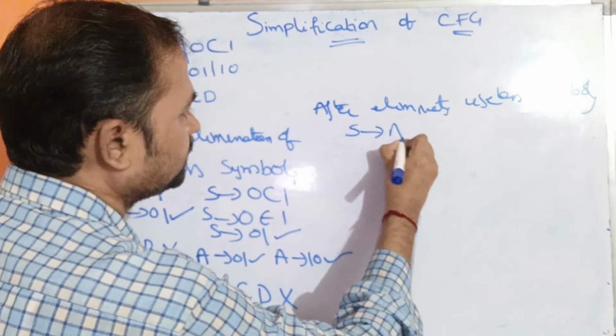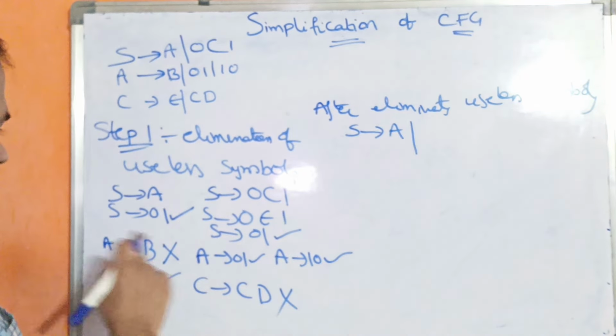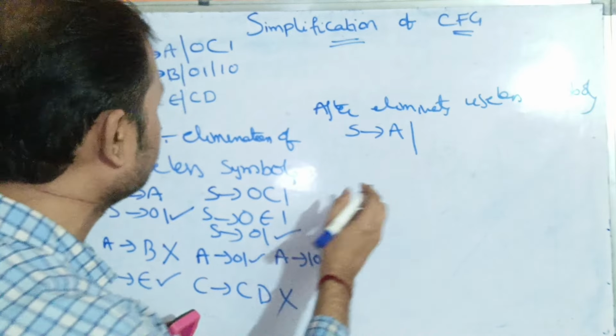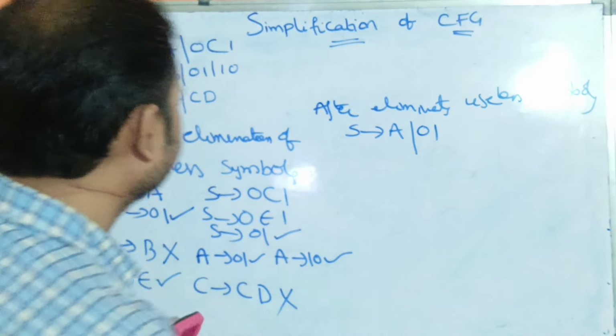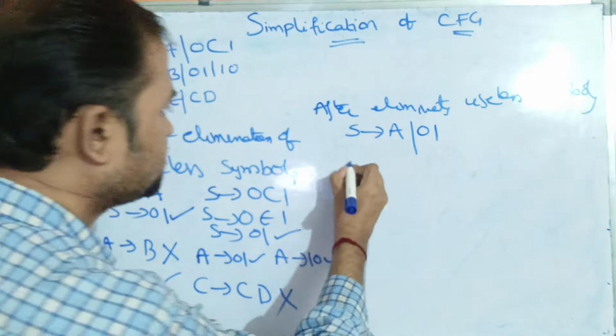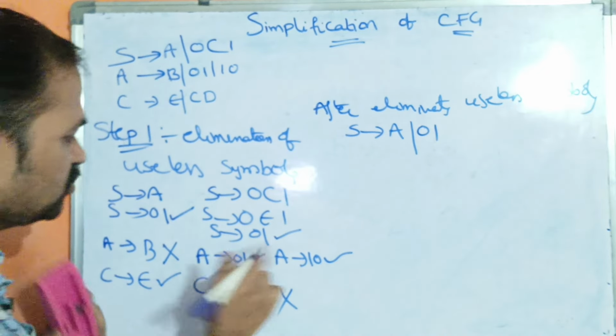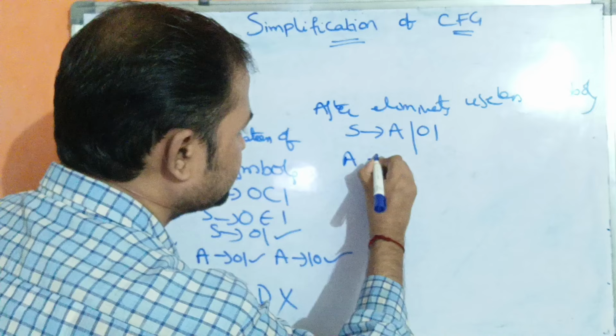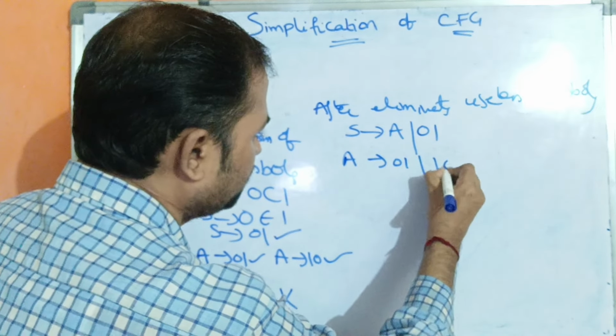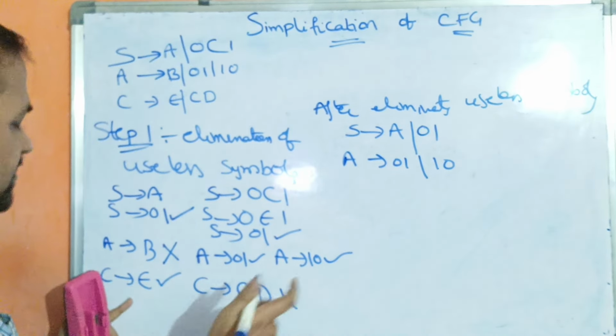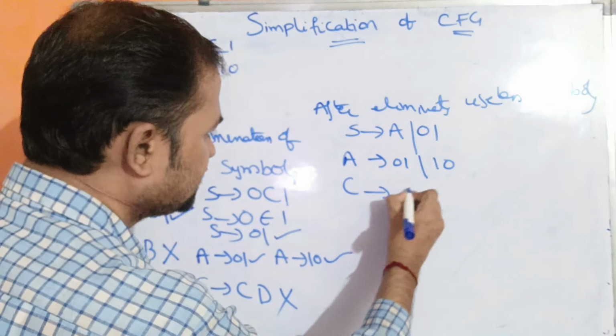S implies A, and 01 is also an S production. So S implies A or 01. Next one, A implies B. This is useless, so we have to remove this one. Next one, A implies 01 or 10. Next one, C implies epsilon, so this is also useful.